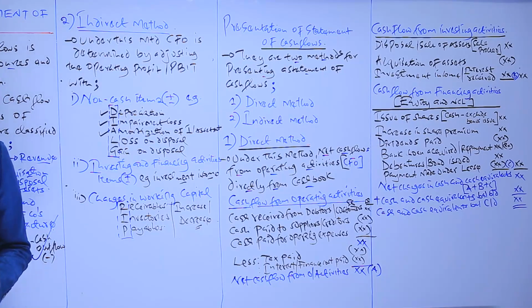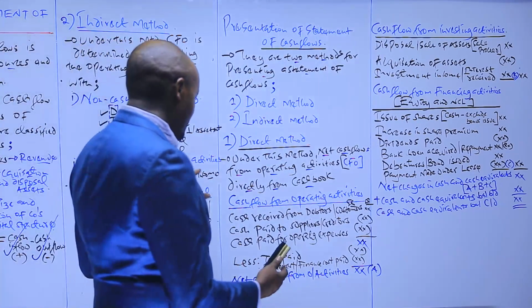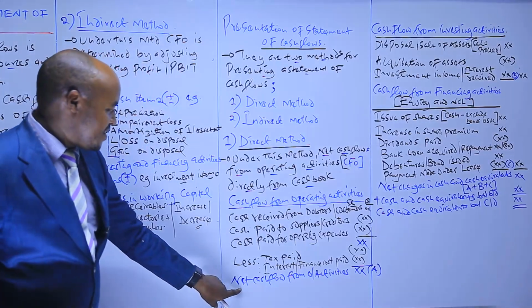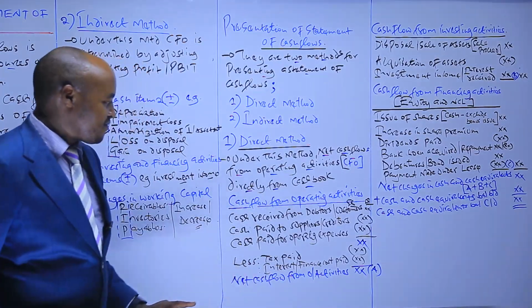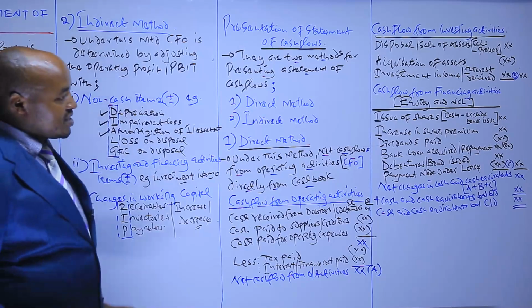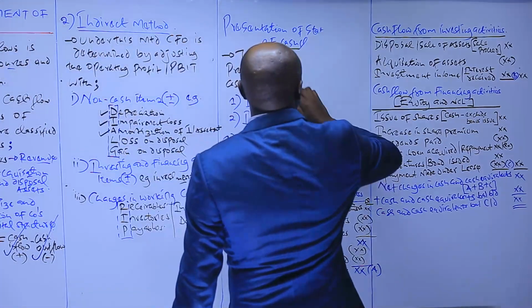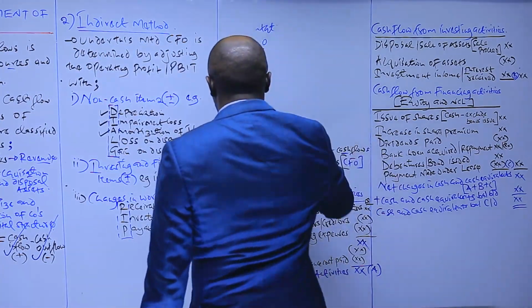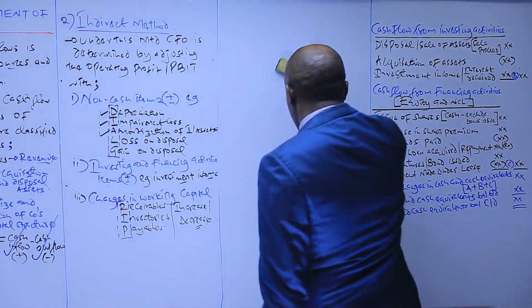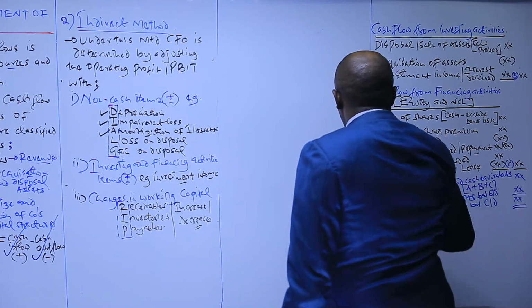So I think we can look now at the format of determining the CFO, the net cash flow from operating activities, using now the indirect method.